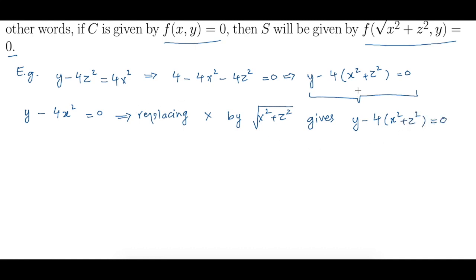Now this is an equation of a parabola. So this is a parabola in the xy plane, and since x is replaced by the square root of x squared plus z squared, it is revolved around the y-axis, because we have seen this exact same example before.